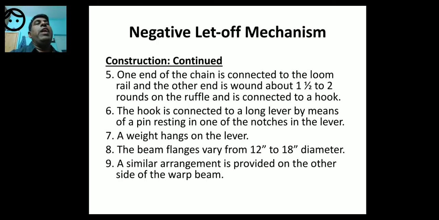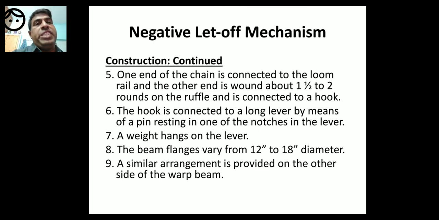Next, one end of the chain is connected to the loom rail. So now we are talking about chain. One end of the chain is connected to the loom rail and the other end is connected to the hook, and before passing to the hook the chain passes over the ruffle 1.5 to 2 rounds.